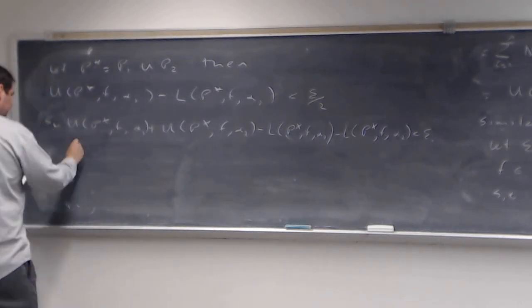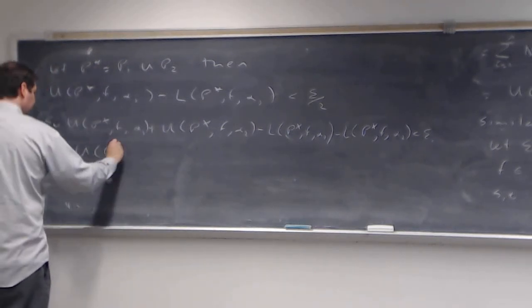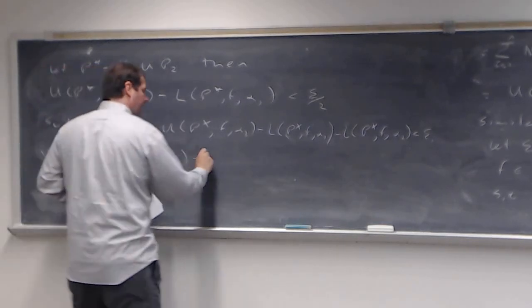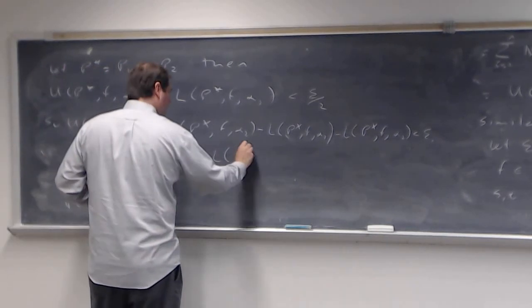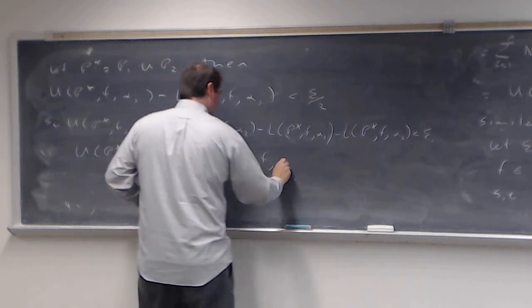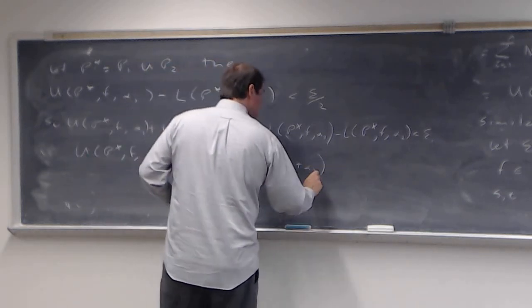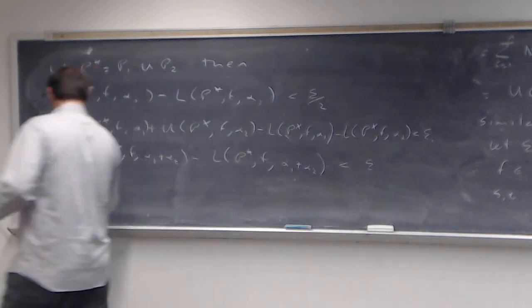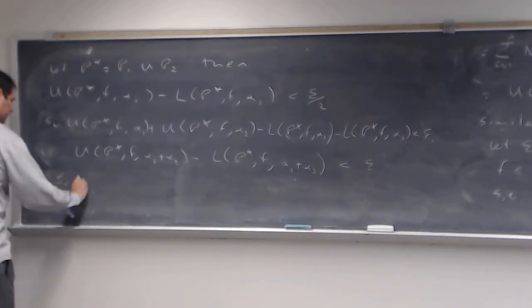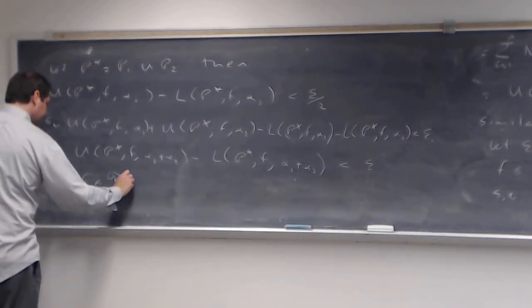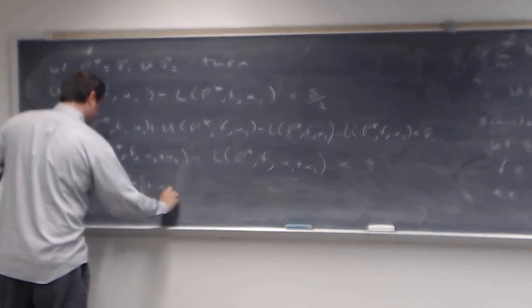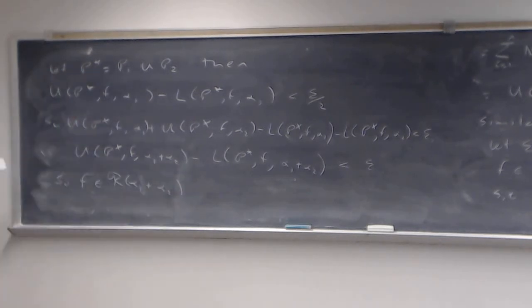But this is the upper sum P star, f, alpha 1 plus alpha 2 minus the lower sum P star, f, alpha 1 plus alpha 2, and that's going to be less than epsilon. And so what that tells us is that f is Riemann-Stieltjes integrable with respect to alpha sub 1 plus alpha sub 2. That's not quite all proved.